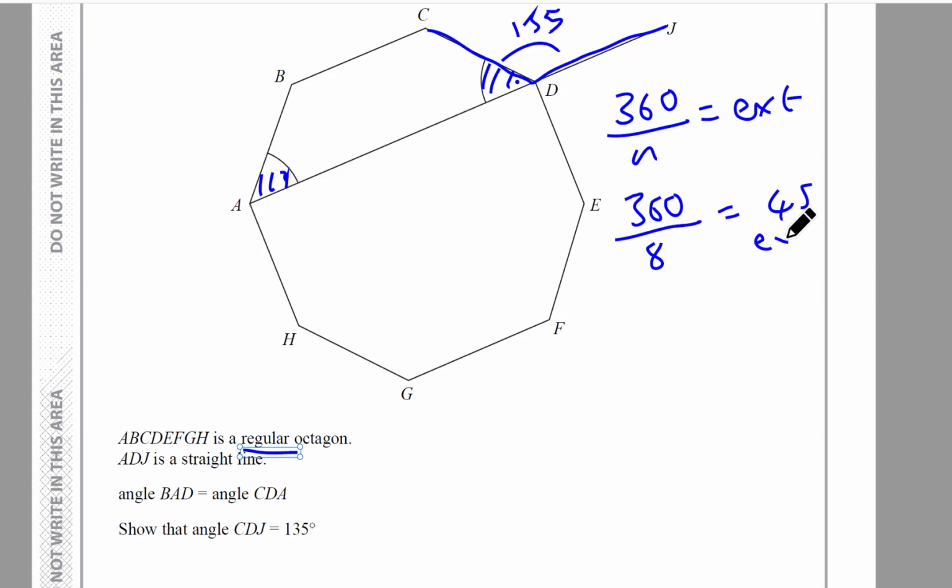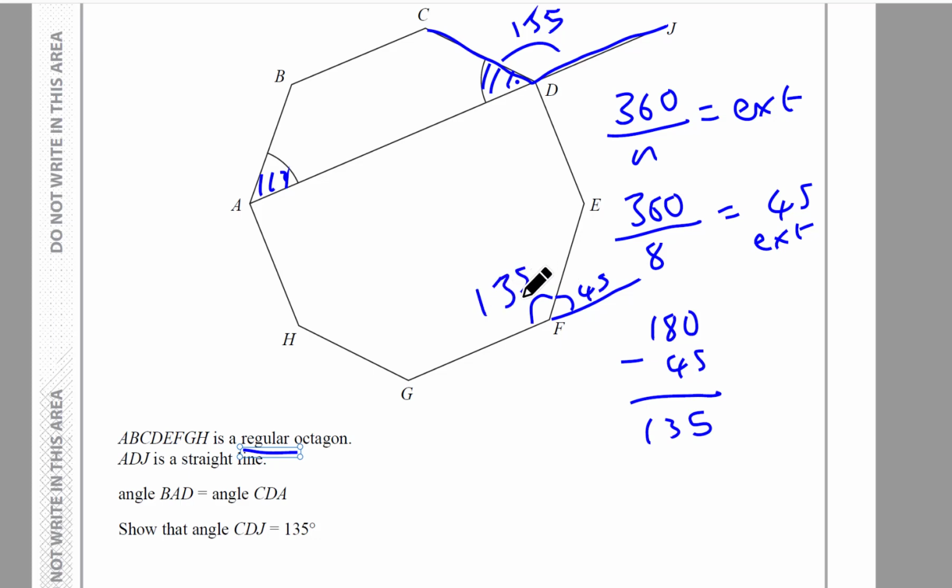Now that's the exterior angle. So that means if you draw a line here, this is going to be 45. This is a straight line. 180 minus 45 equals 135. So this angle here must be 135. So all these angles are 135.